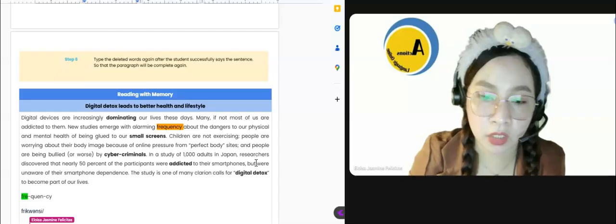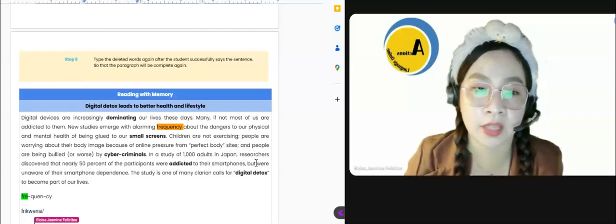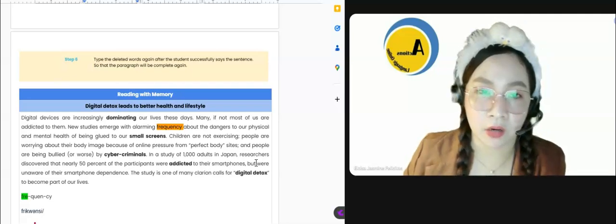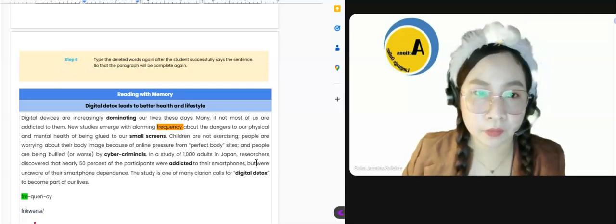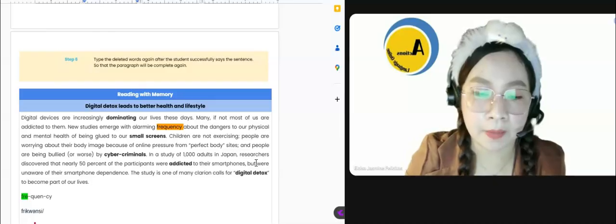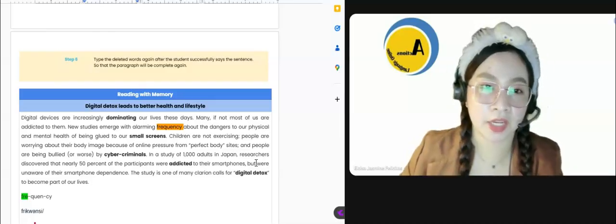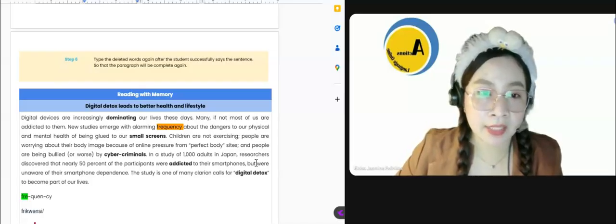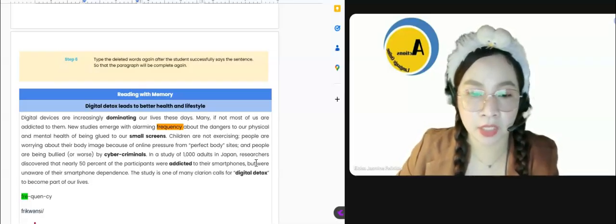Let me write down the syllabication of the word clarion. Okay, hold on. Syllabication of the word clarion. Okay, so the word clarion actually has three syllables here.